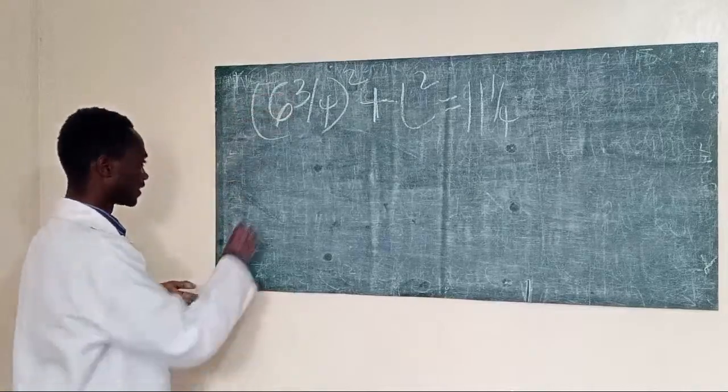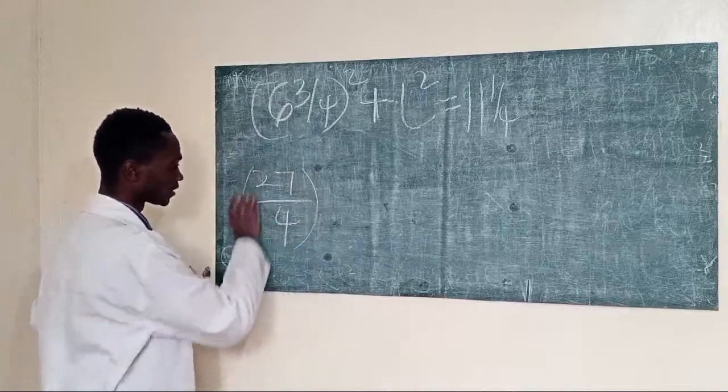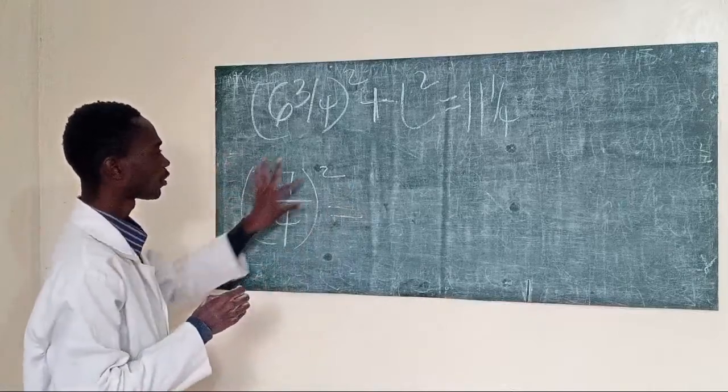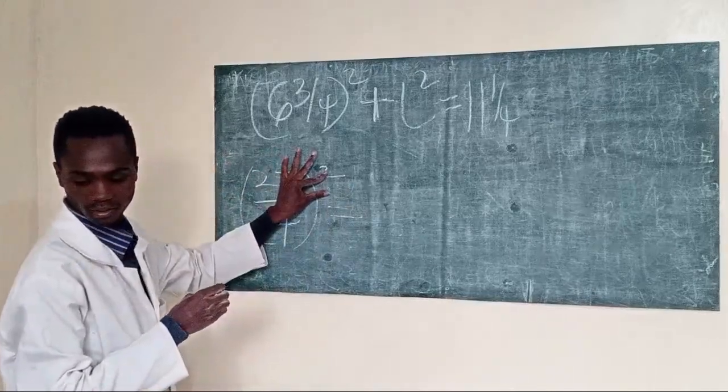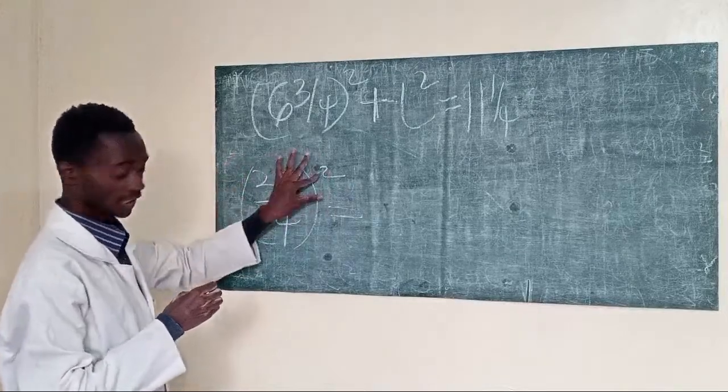So 27 all over 4, squared, isn't it? What does 27 all over 4 squared give me?